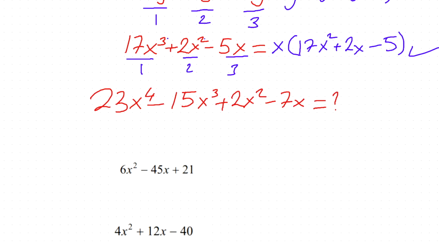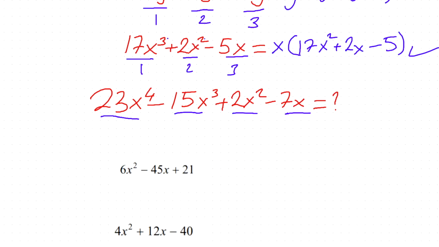Again, when we check how many terms there are, I will just keep asking this until you get used to the terms. 1, 2, 3, 4, there are 4 terms. And the coefficients are 23, 15, 2, and negative 7. They don't have anything in common. But the variables do: x to the power of 4, x to the power of 3, x squared, and x.